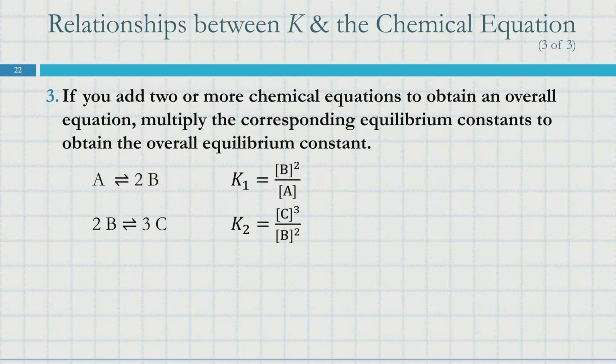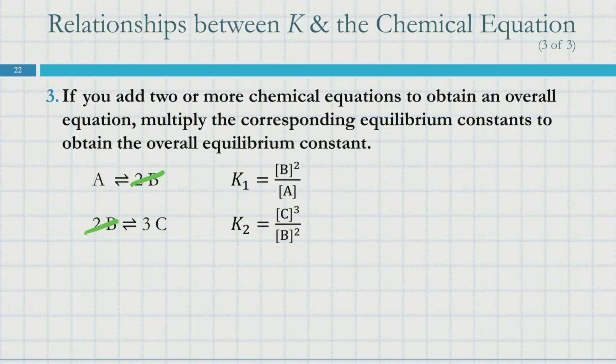If you add 2 or more chemical equations to obtain an overall reaction, multiply the corresponding equilibrium constants to obtain the overall equilibrium constant. So we're combining these 2 reactions together.